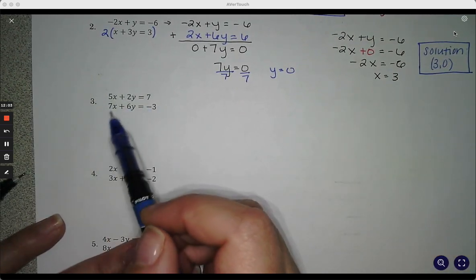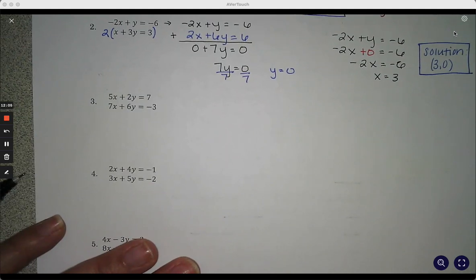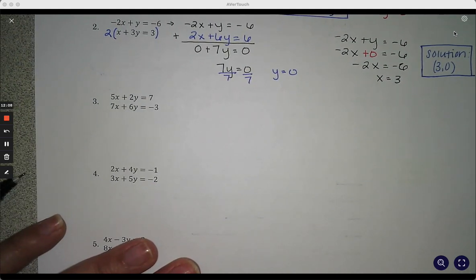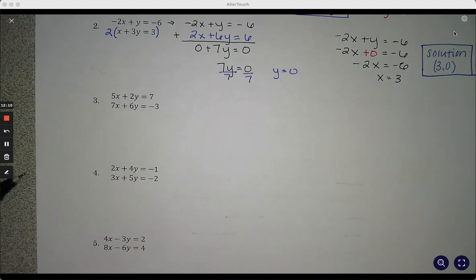Okay, let's look at number 3. So we have 5x plus 2y equals 7, and 7x plus 6y equals negative 3. Okay. I think what I'm going to do is I'm going to try to eliminate the y values.